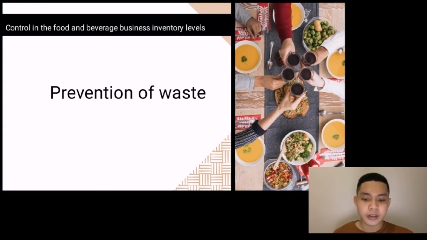To achieve this level of performance it is necessary to prevent wastage of materials caused by such things as poor preparation, overproduction, failure to use standard recipes, and so on.